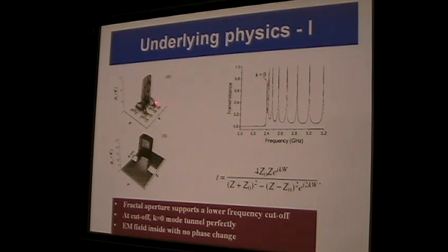So we found that, in our 2005 paper, we explained this kind of phenomenon by a so-called k=0 mode tunneling. And we found why such perfect transmission can happen. If you look at the field distribution inside the aperture, you will find that there's no phase change across the fractal plate when perfect transmission appears.